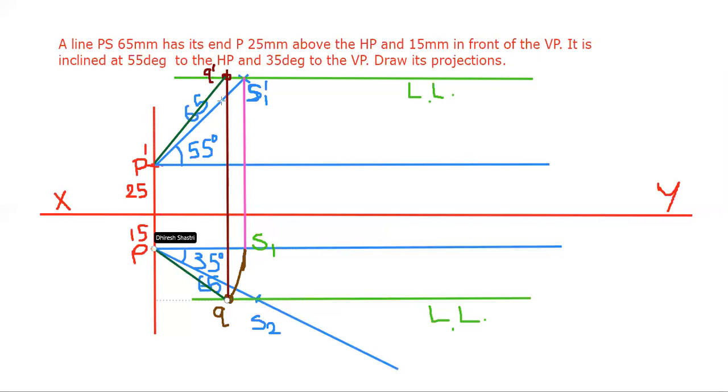So this P dash Q dash is also called the elevation length. Let us name it as elevation length. And PQ as the plan length.